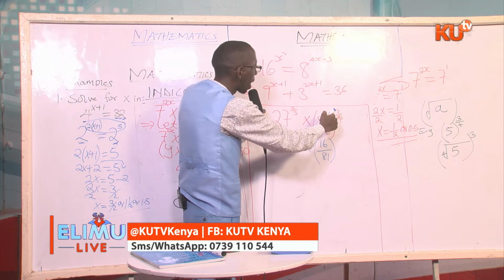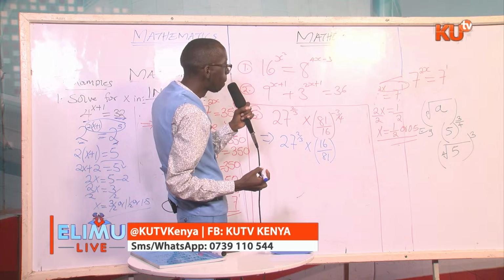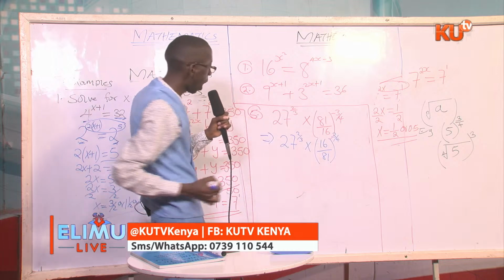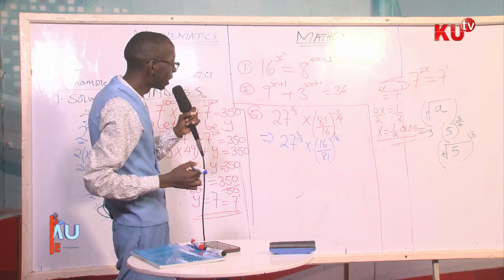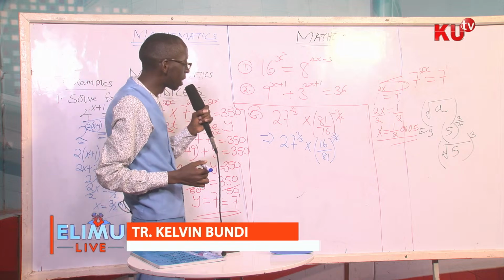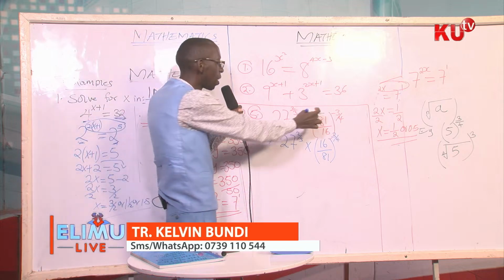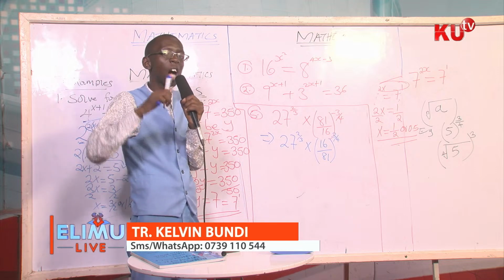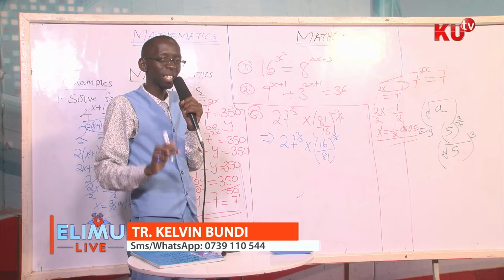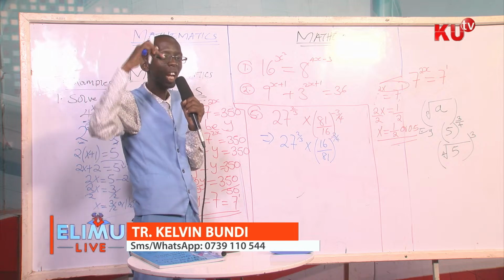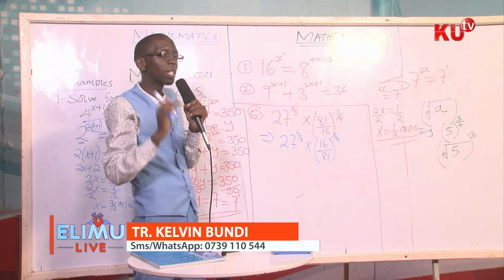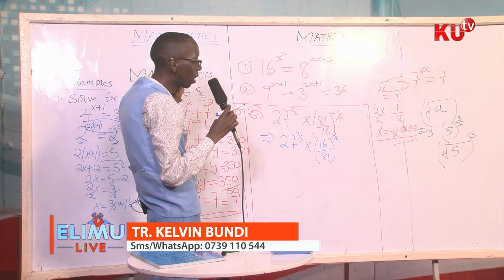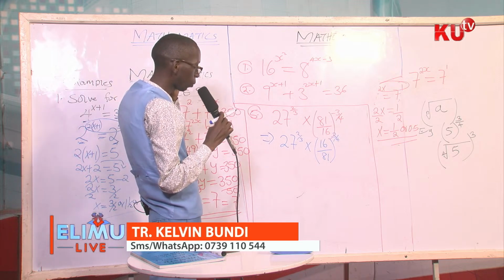So the power negative 3 over 4 will be power positive 3 over 4 after reciprocating.